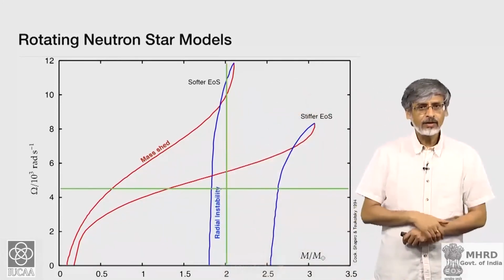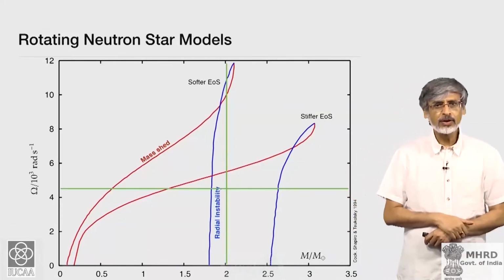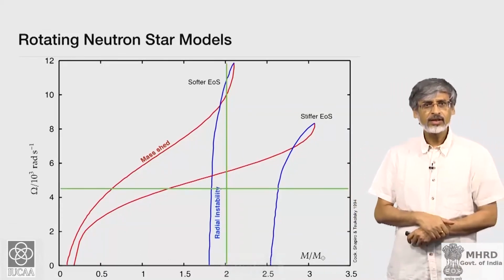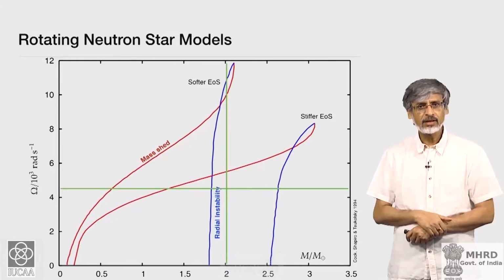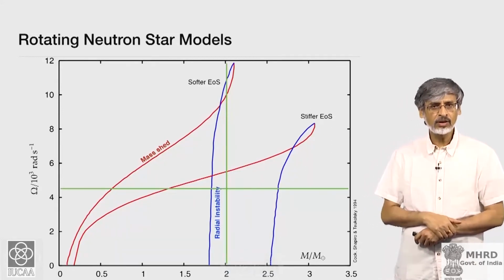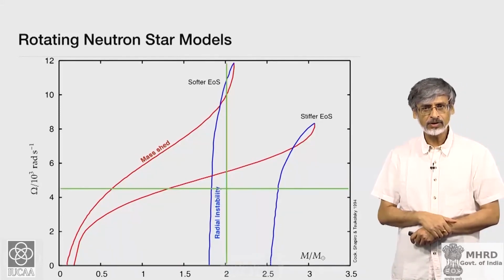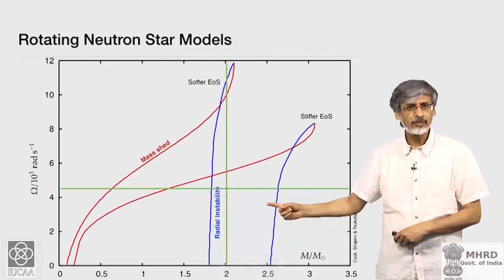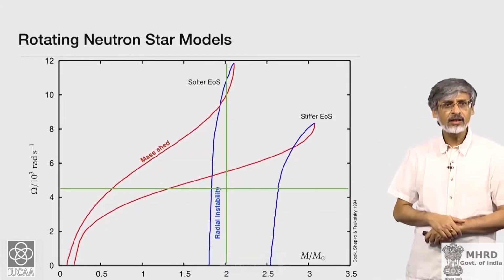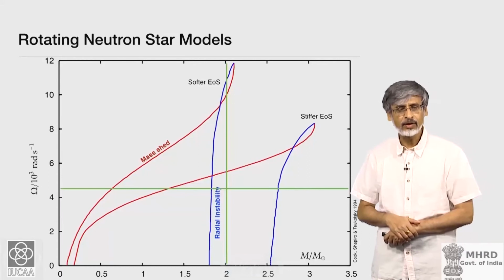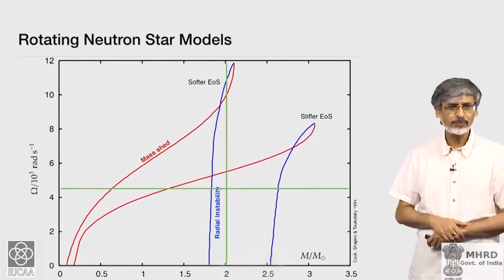Now, can the observed values of rotation of neutron stars tell us anything about which equation of state is more suited to describe the neutron stars? As we see it, this is the largest inferred angular velocity of a neutron star.